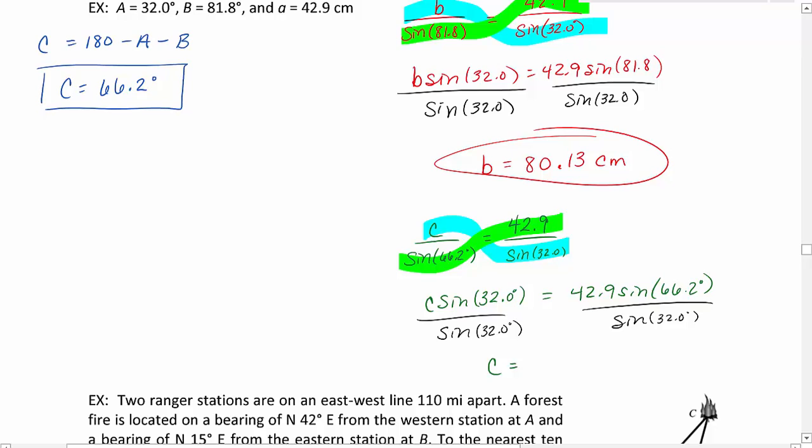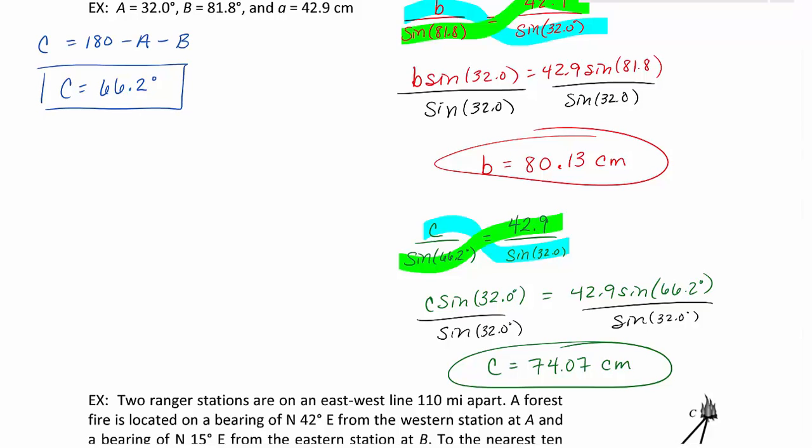Rounding to the nearest hundredth, we get side C, 74.07, and our unit is centimeters. And we've solved the triangle.